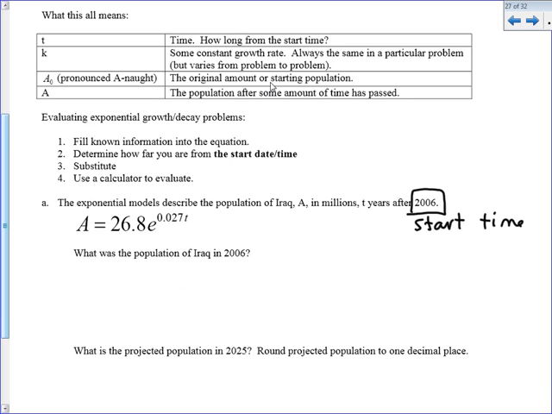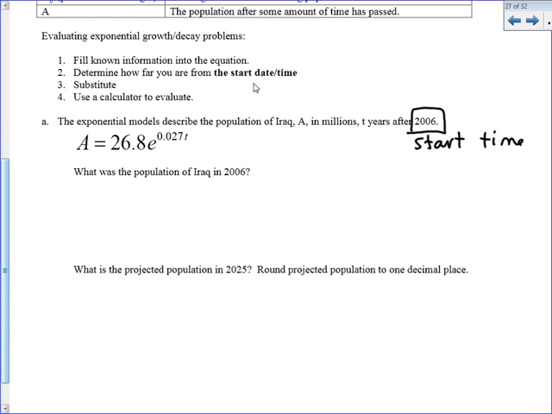That's the original amount or starting population. If you're asked the population in 2006, how many years is that from my start date of 2006? 0. We haven't gone anywhere. We're at our start time. Since we haven't changed years yet, the number in your equation here is always the initial population.